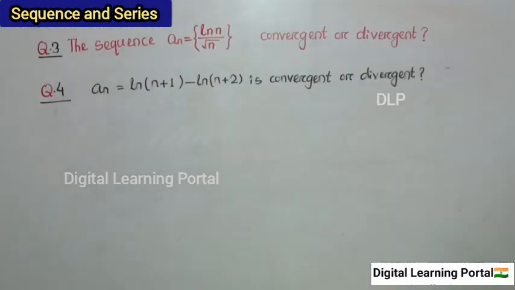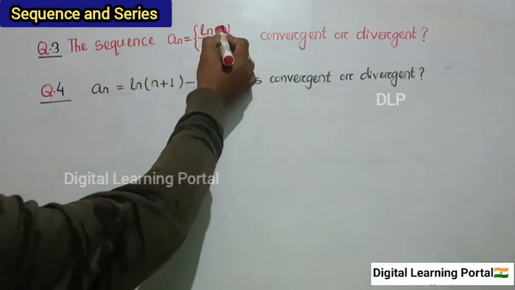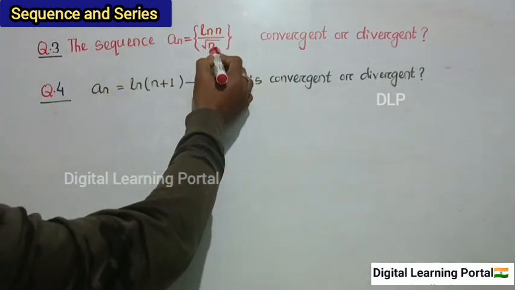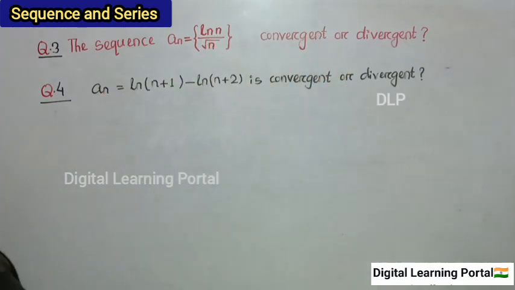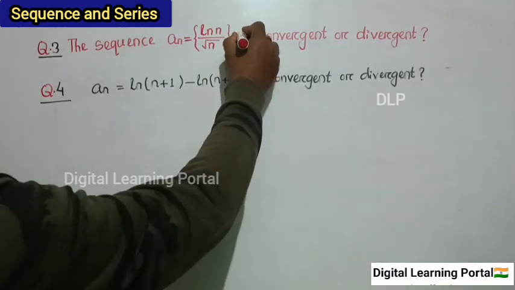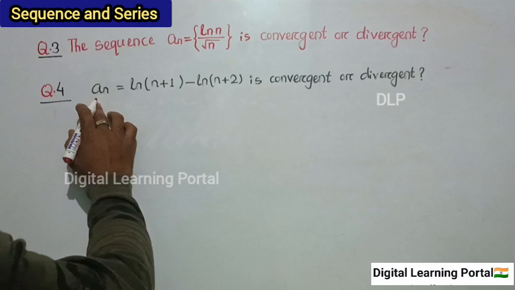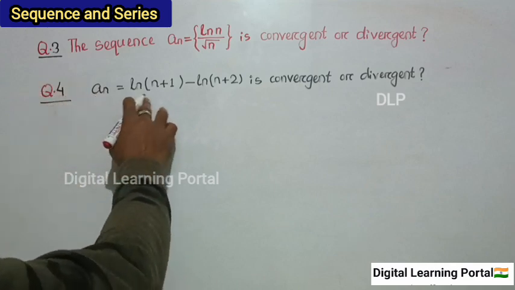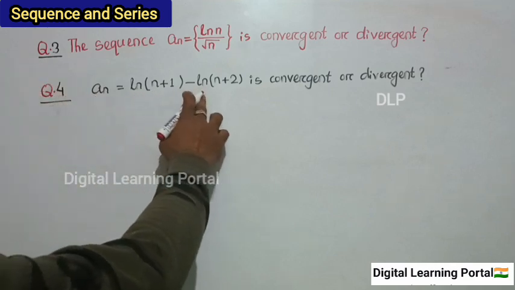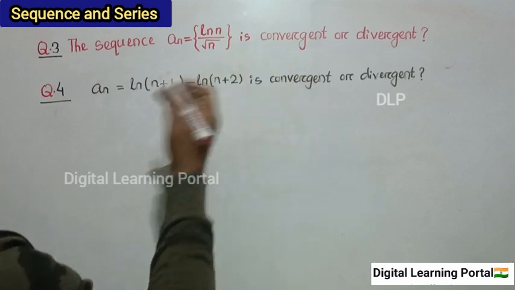Here we have given two more questions. Third: is the sequence a_n = ln n divided by root n convergent or divergent? And the fourth question: is a_n = ln(n+1) minus ln(n+2) convergent or divergent?